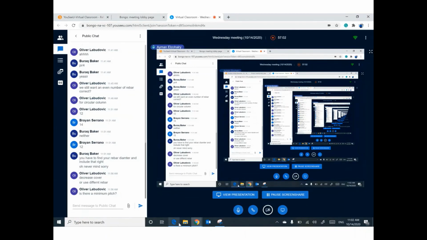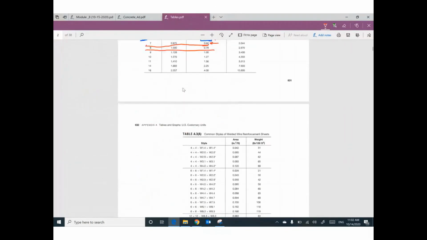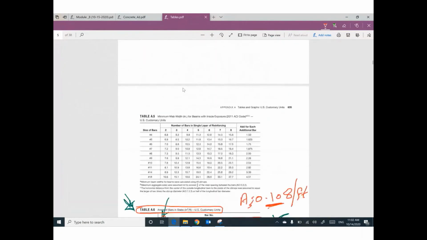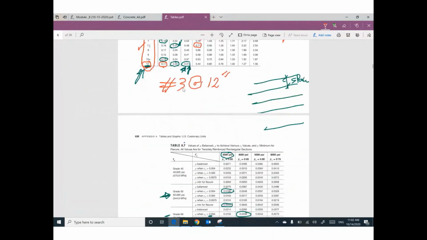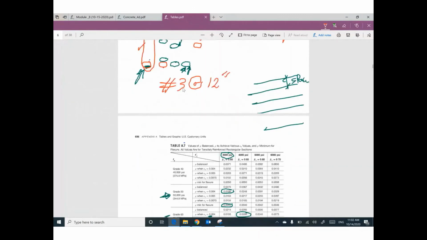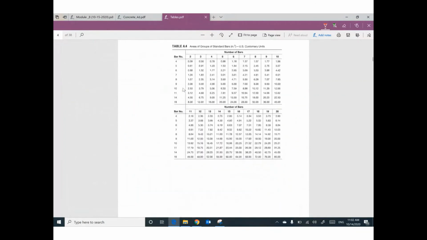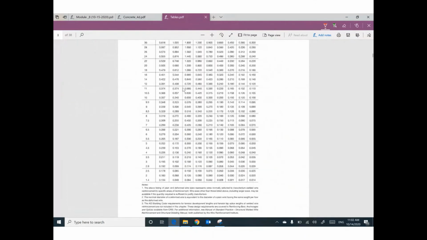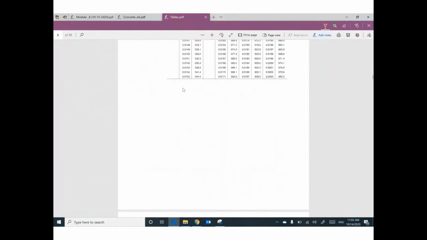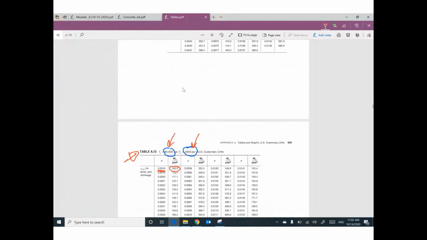Yes. If you open your tables, do you remember these tables? If you go down, down, down, it should be here. Probably after this. I'm not sure. Just a second. Here you go.